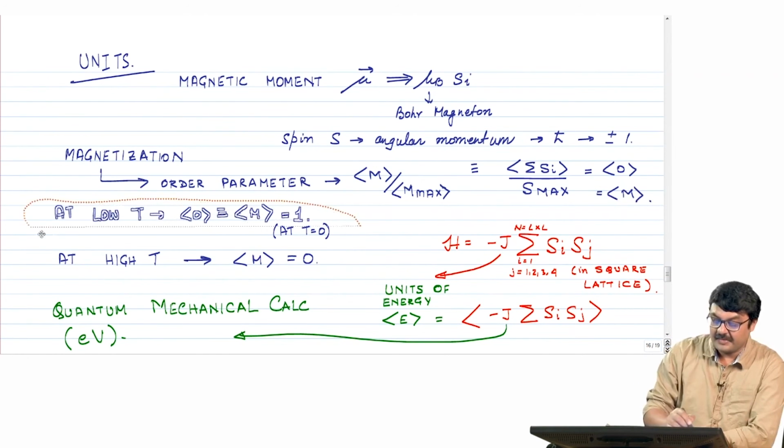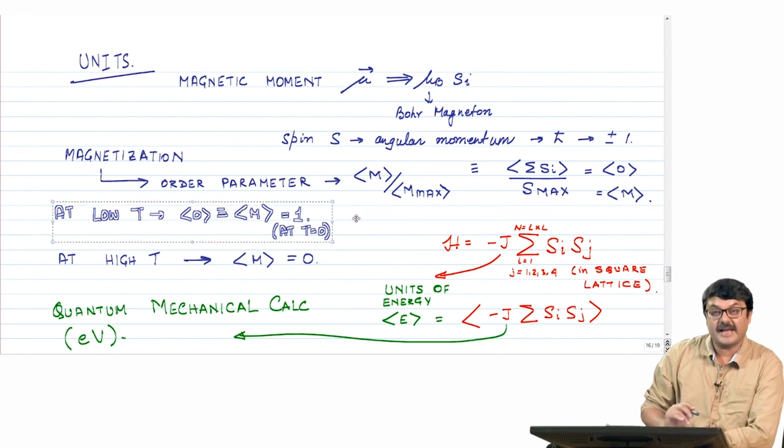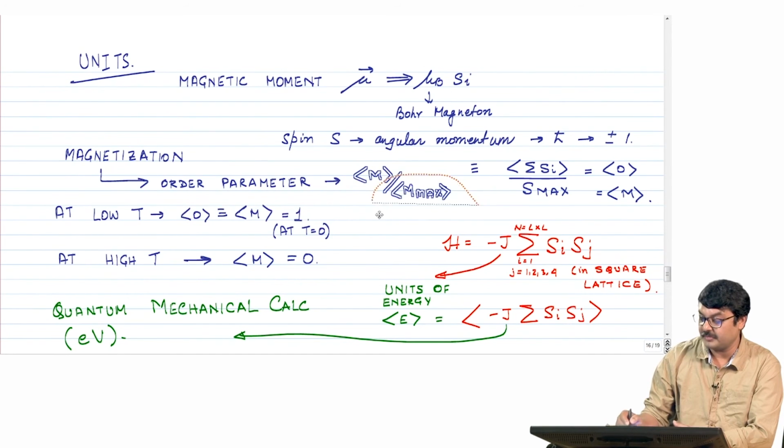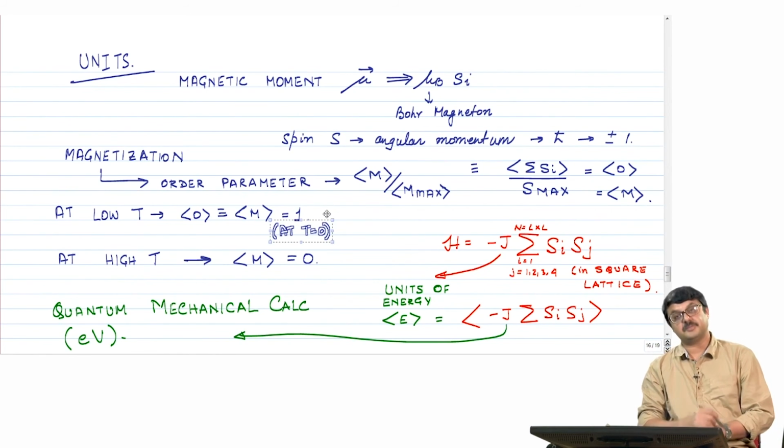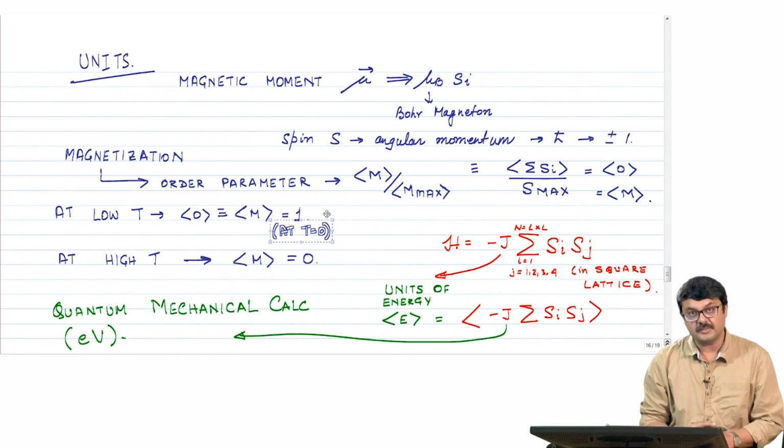Talking about the order parameter, you already know that we have defined it in such a manner, by suitably normalizing it, that at low temperatures the order parameter is nearly equal to 1 or close to 1, and at exactly t equal to 0 it should be 1, which means the system is perfectly ordered. There are no thermal fluctuations.